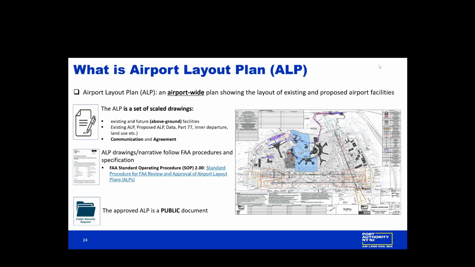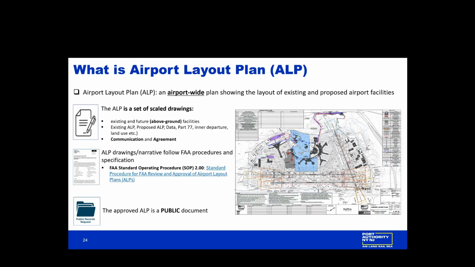It contains a set of scale drawings showing existing conditions and near-term and long-term airport development. Mind you, the scale and precision are not meant for construction use. The airport layout plan is not for construction use. It's a communication tool between the Port Authority and the FAA. In other words, it shows what the airport is today and what we plan to do.